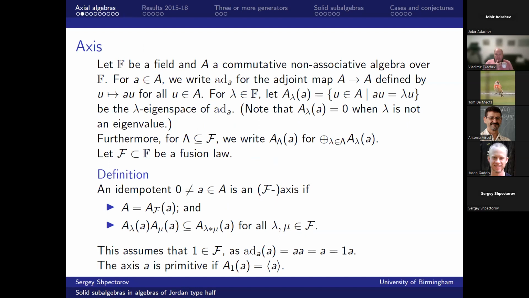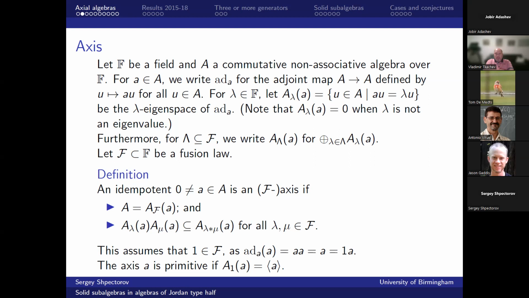Again, the definition of the axis, we also just looked at it a minute ago. Again, slightly different notation. For Tom, we have the notation A lambda E, where E is a typical idempotent, a typical axis. For some reason, I use a, b, c for axes, so that will be slightly different. And also, I put the axis in round brackets.